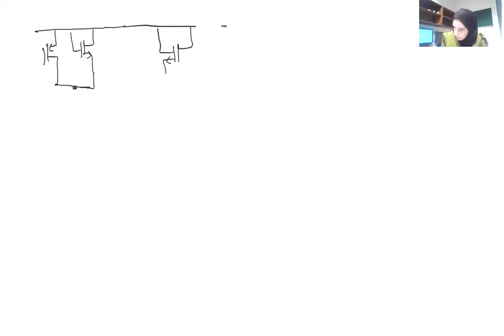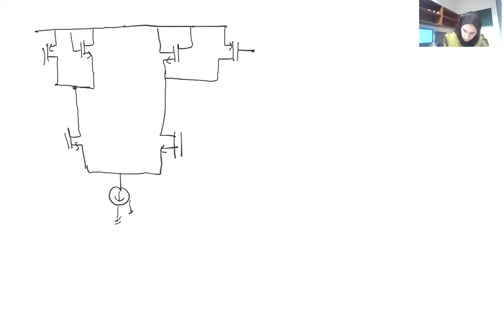Another transistor here. M6, VB, and this is M4. This is connected. This is M3, and this is another. And the output is taken from here.